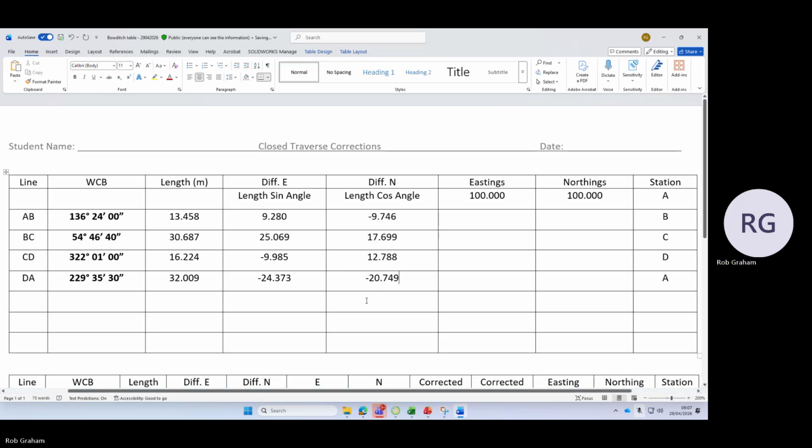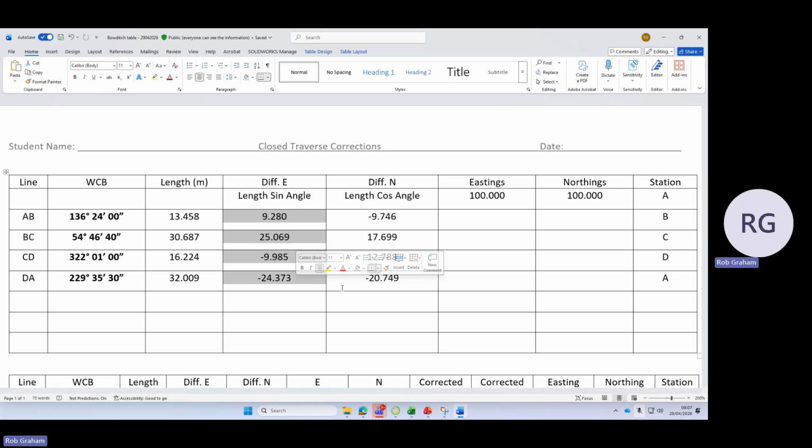Now, what that means is we can do a quick check on this, okay? We can check this column here to check approximately how far we are out. So 9.280 plus 25.069 minus 9.985 minus 24.373.